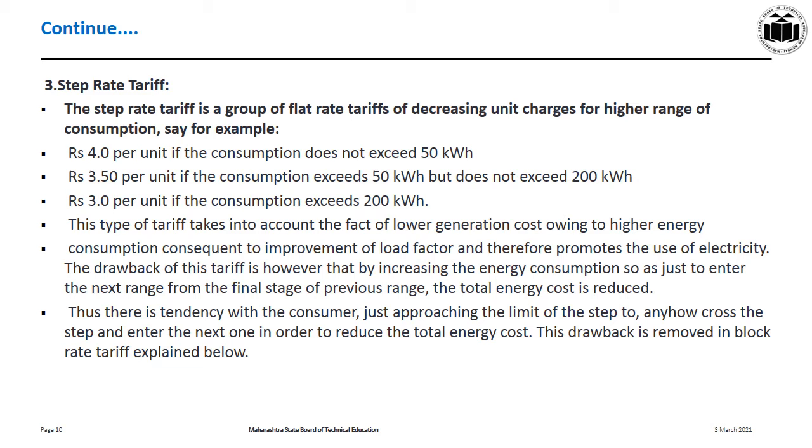So there is a tendency for the consumer approaching the limit of a step to somehow cross it and enter the next one in order to reduce the total energy cost. This drawback is removed in the block rate tariff, which we will discuss next.